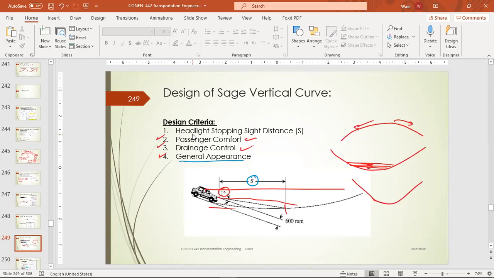It's not like an amusement park with a sharp curve. We don't want drivers and passengers exposed to high G's. For the general appearance, there should be harmony between the slope or grade and the curve. So we have to address these criteria as well as the stopping sight distance criteria.